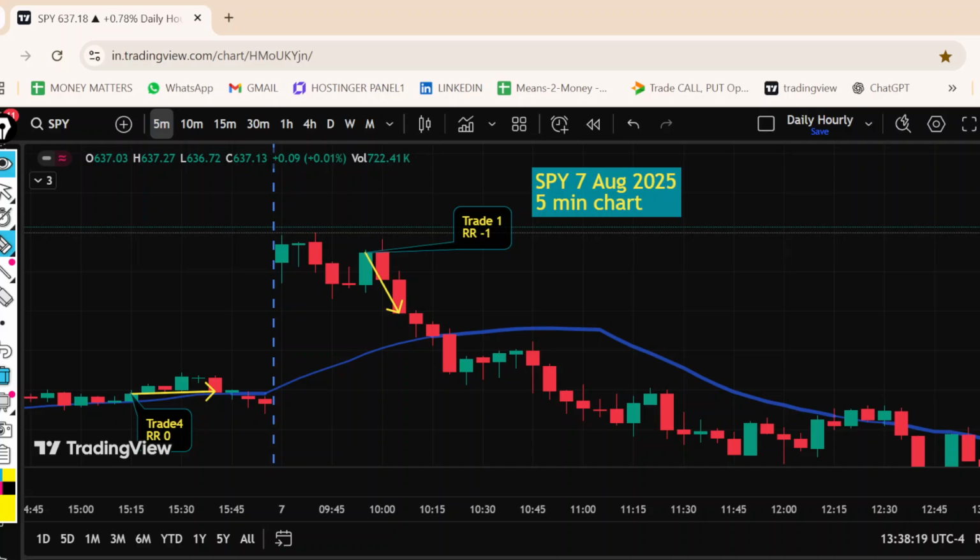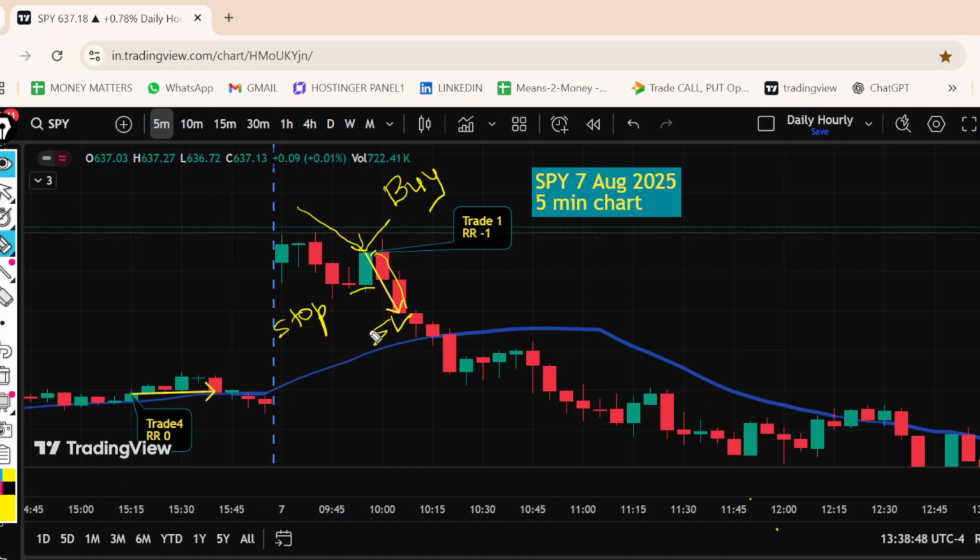So we enter the trade at the close of this candle, buying at the close, and our stop will be below this candle. Once the trade is entered, within two candles the market moves down and takes our stop loss.